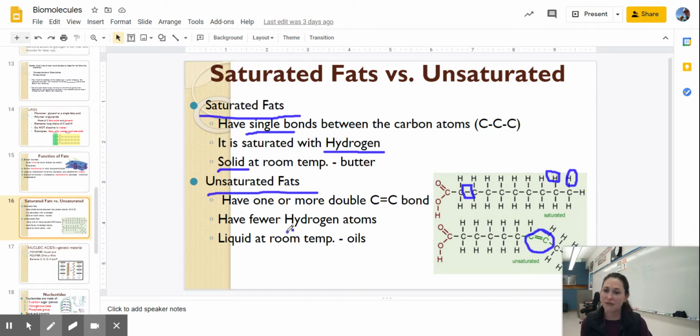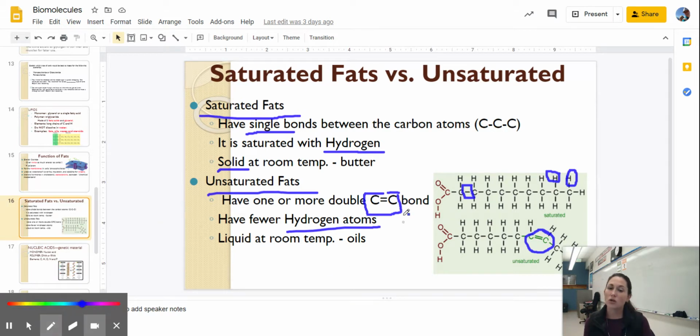Unsaturated fats don't have as many hydrogen atoms because of the double bond that can happen. As a result, they have hydrogens that don't get tangled in each other to make a solid, and instead they kind of slide past each other. So these are all your oils. Your olive oils, your vegetable oils, your canola oils, all of those are going to be unsaturated fats. When you're looking at the back of a food label, you can see how many saturated versus unsaturated fats there are.